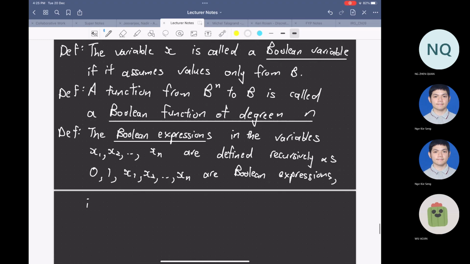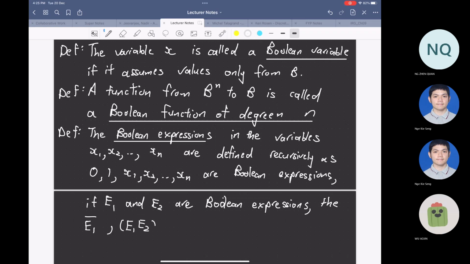And also if you got two Boolean expressions, what you can do is you can take the bar operation. Okay. So in the case of proposition, you take the negation. In the setting of sets, you will take the complement. Okay. So you can take the complement, or you can multiply the two Boolean expressions, or you can add them together.